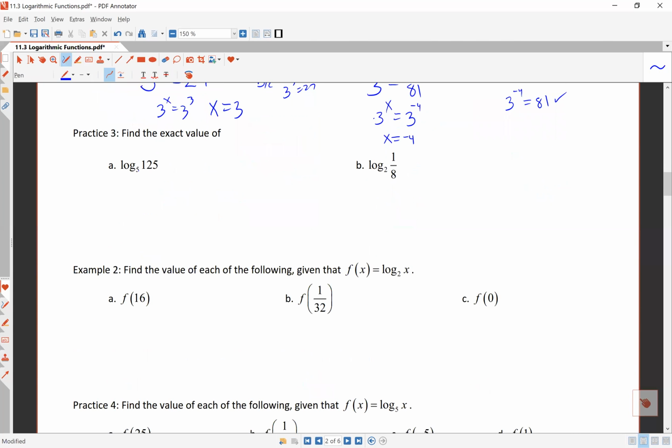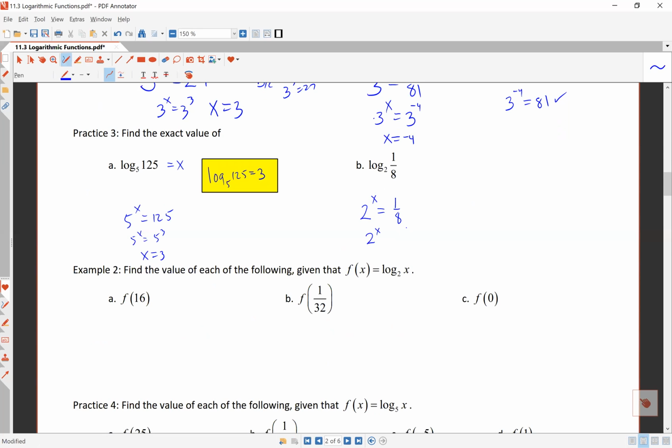Log base 5 of 125. So I'm thinking, what number would I raise 5 to get 125? And I know that 5 cubed is 125, so I get x is equal to 3. So the log base 5 of 125 is 3. Log base 2 of 1/8, we think of that number as the exponent on 2 to get 1/8.